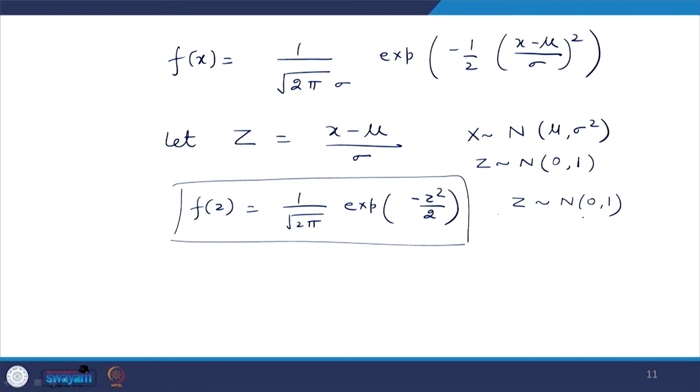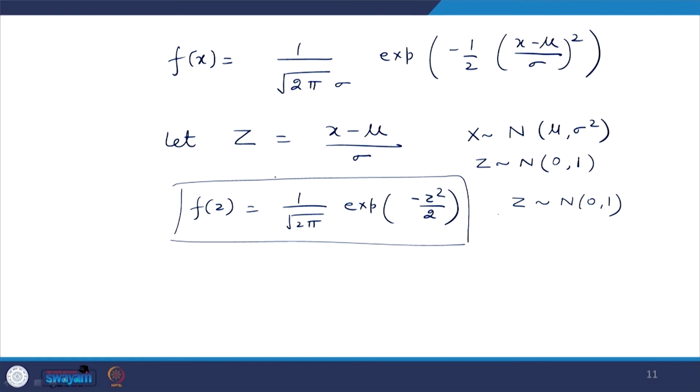Now let us try to prove that its mean is 0 and standard deviation is 1. Of course, if the mean of z is 0, then the mean of x for this distribution will be mu, and if its variance is 1, then the variance of x will be sigma square, which we can simply obtain by using the property of variance or expectation.